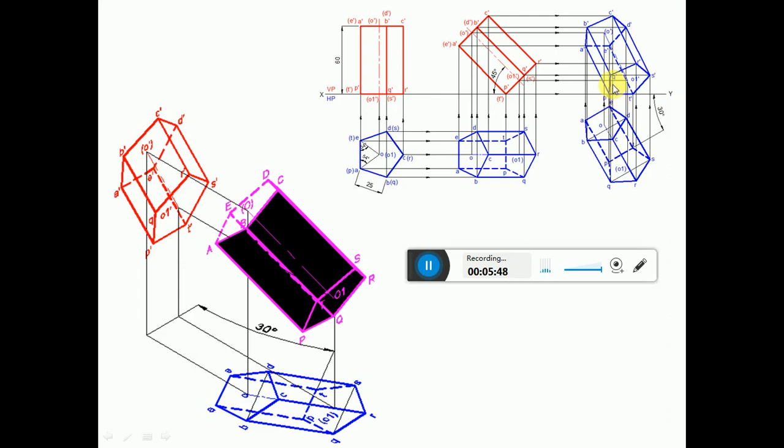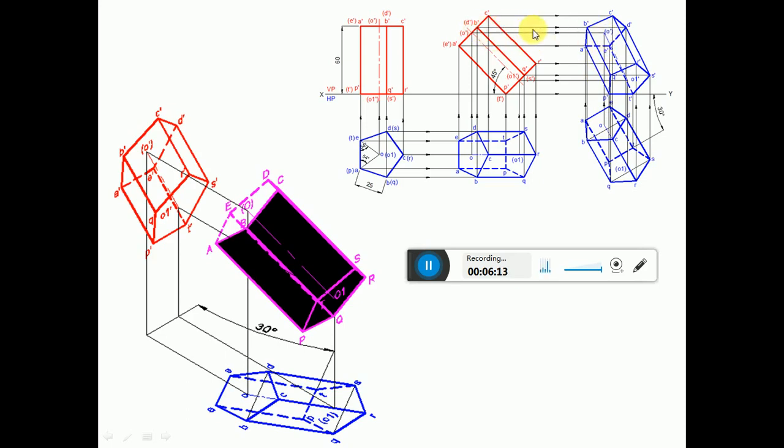Now we have to draw the front view for this. So draw a horizontal projector from A dash, E dash, and draw a vertical projector from A and E to get this point A dash and E dash. Similarly, draw a horizontal projector from O dash and draw a vertical projector from O to get this point O dash.